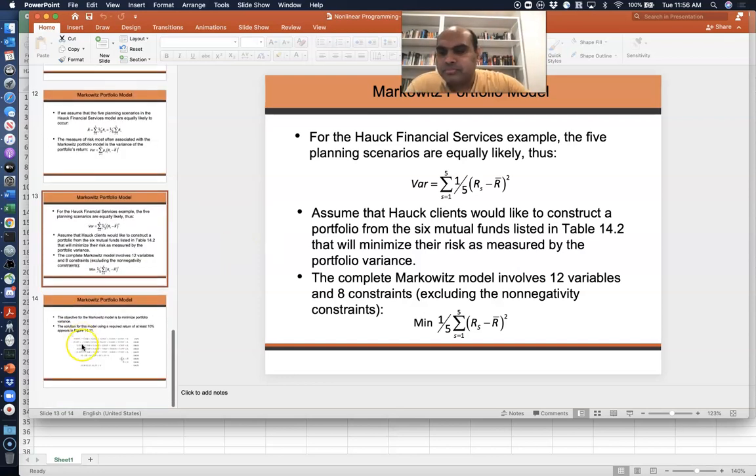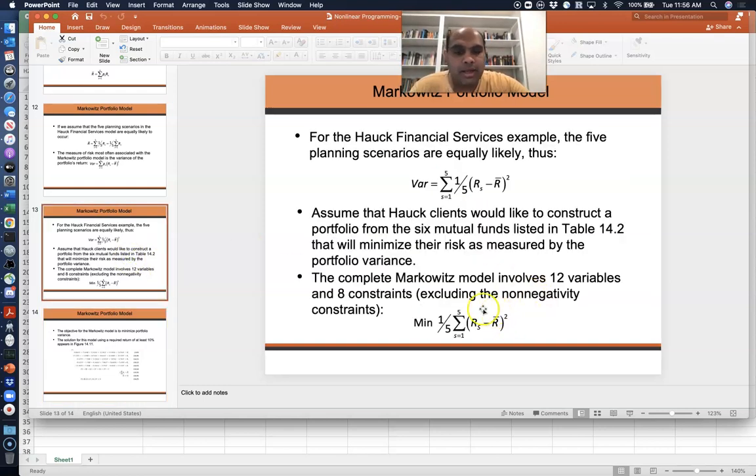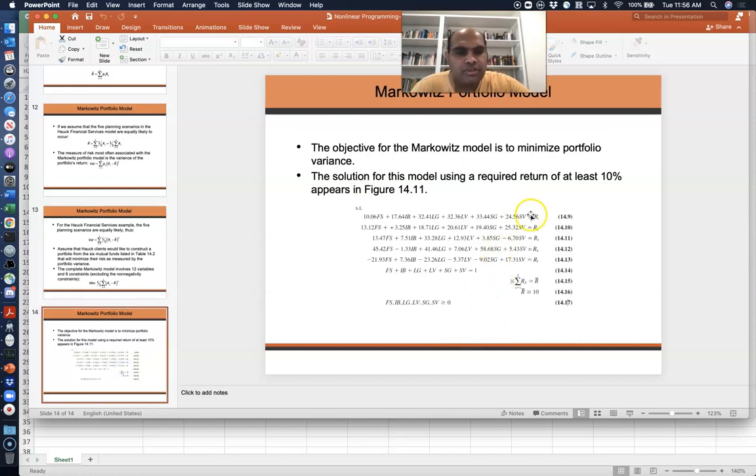Okay. So the final model looks like this. The objective is to minimize the variance subject to the constraints. These constraints are the same: they have the 5 returns that you have, then the variables all have to add up to 1. These were the same returns, the same data that you had in the index fund value. But apart from that, you are also going to calculate R bar.